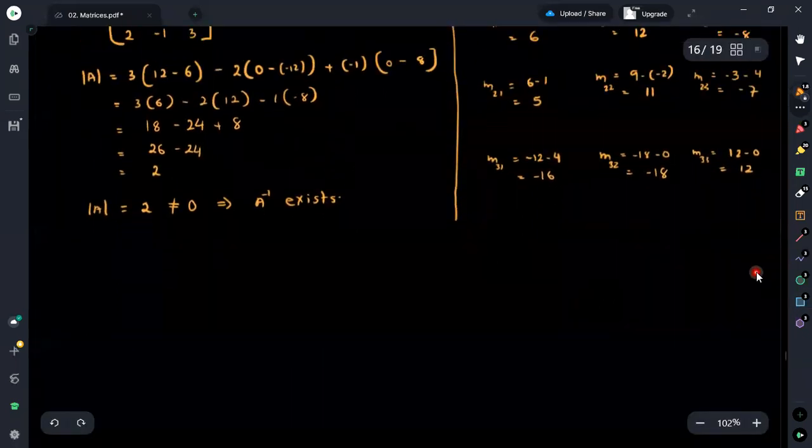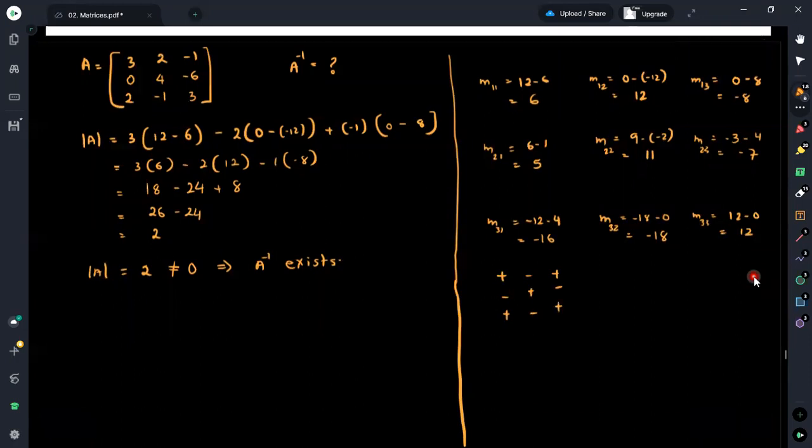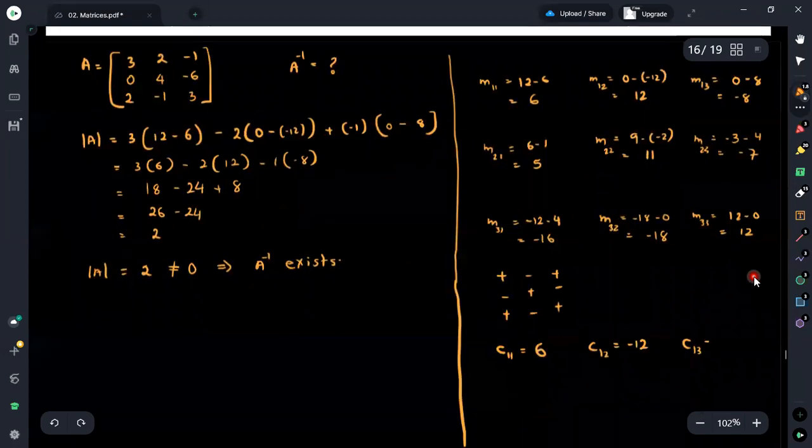For a 3 by 3 matrix, we know that the sign pattern is defined as plus minus plus, minus plus minus, plus minus plus. Therefore, we can combine the minus with the sign pattern and obtain the cofactors simply. C11 plus times 6 is 6. C12 minus 12. C13 plus times minus 8. C21 minus times 5.